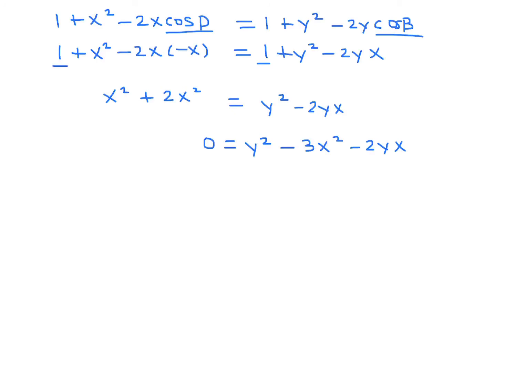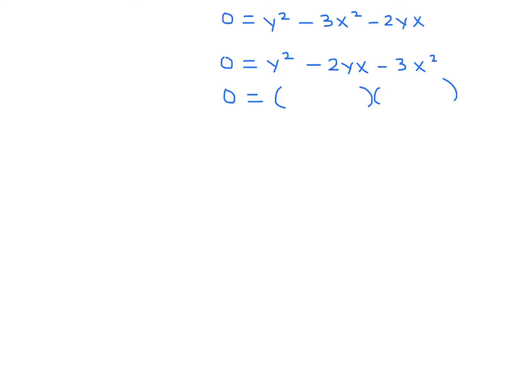And we can probably factor this. So let me just rearrange it first. y squared minus 2yx minus 3x squared. And this factors, hopefully, y, 3x, and x, minus, plus. I believe that is the way you would factor it.